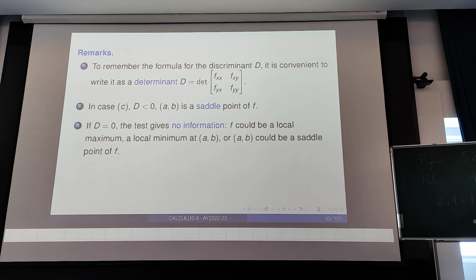Okay, so in this remark, you will see another way to remember the expression of the discriminant. You can see that you can rewrite the expression of a discriminant in the form of a determinant of a matrix. And here you can see that we have some components of a matrix that is quite easy to remember, right?